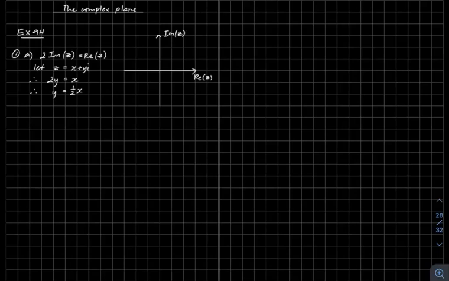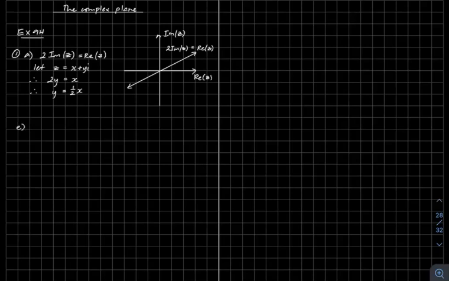If y equals a half x, that's a line passing through the origin with a gradient of a half. So probably something like that. Let's write on the equation of that line: 2 times the imaginary part of z is equal to the real part of z. So sometimes we can just substitute in x plus yi, and that will give us an understanding there.